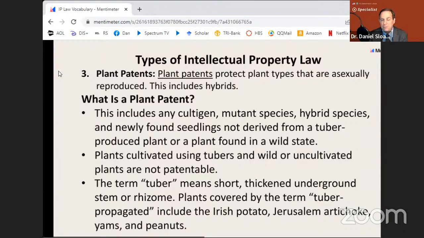So it has to be something where some type of alteration has been made. Remember that it has to be unobvious, or non-obvious. The term tuber means a short, thickened underground stem or rhizome. Plants covered by the term tuber propagated include the Irish potato, so there's an example for you, Jerusalem artichoke, yams, and peanuts.